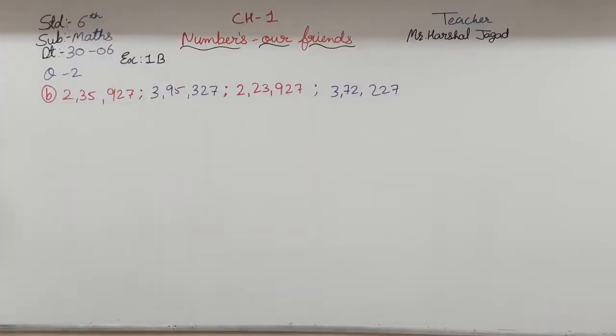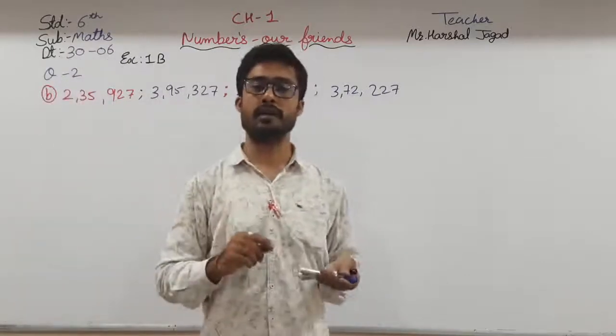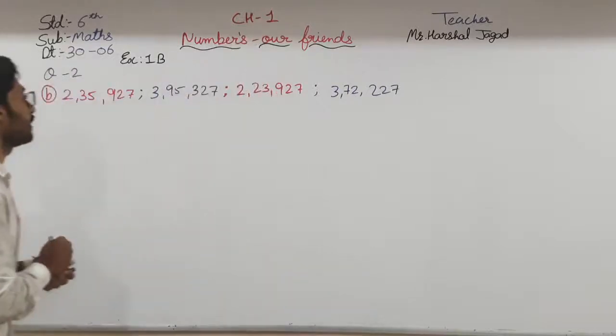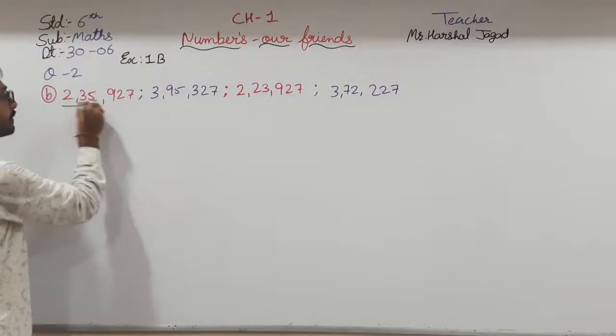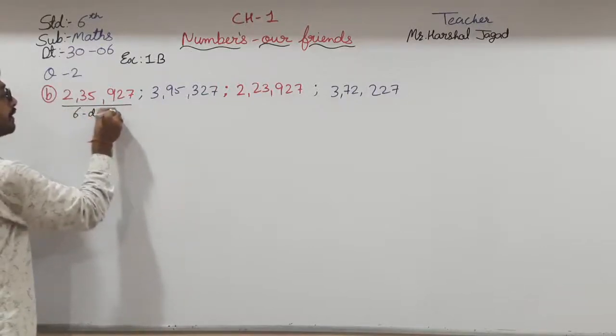So here how we will solve, we have to put it into ascending order. We first know that we have to count the digits, how many digits this number has. So here it is 1 2 3 4 5 6, so this is a 6-digit number.